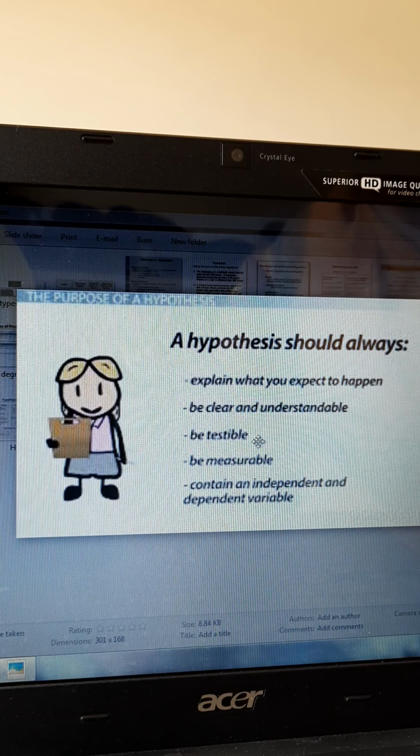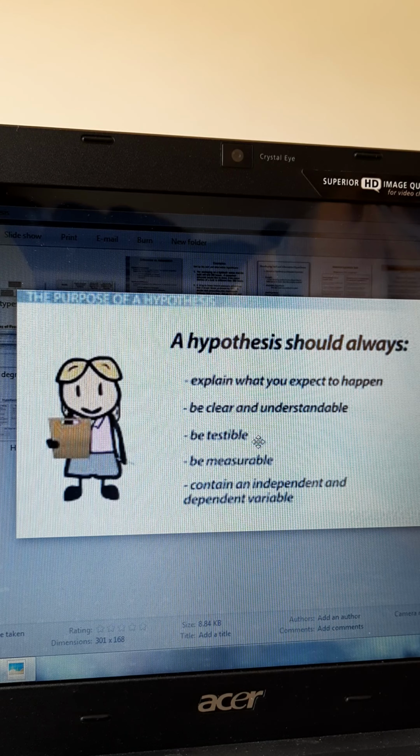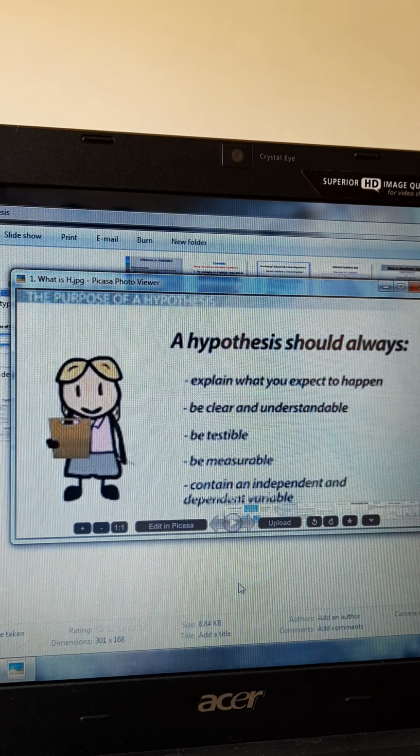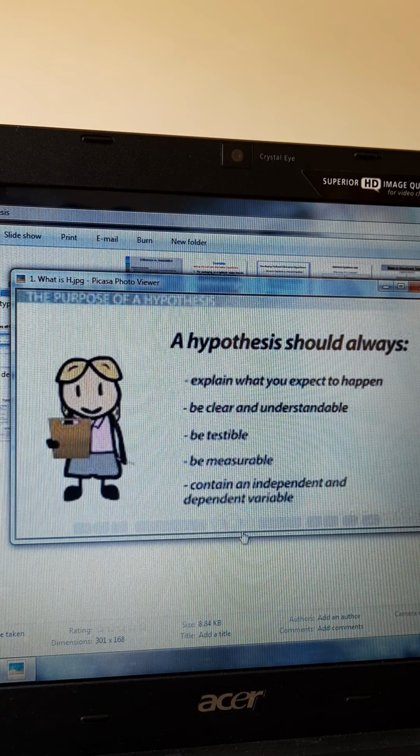What are the various tests based on whether it is parametric and non-parametric data? We can do z-test, t-test, correlation, ANOVA, a variety of tests to measure the hypothesis. And then it should contain an independent and a dependent variable. So this is what the hypothesis is all about.